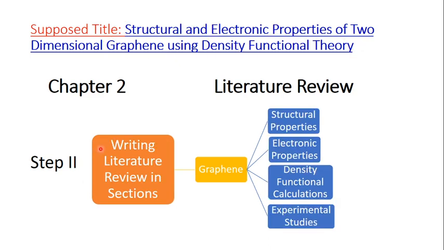Second, you need to write literature review in sections. Literature review is not about writing long paragraphs without any sections. You must involve sections. If you look at your supposed title, it gives you automatically 3-4 types of sections.